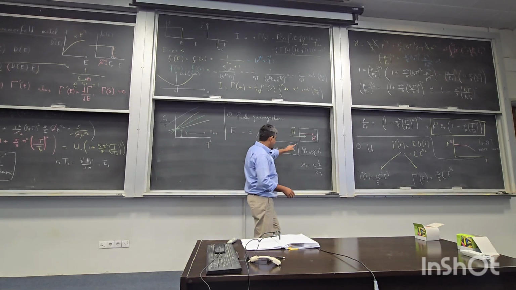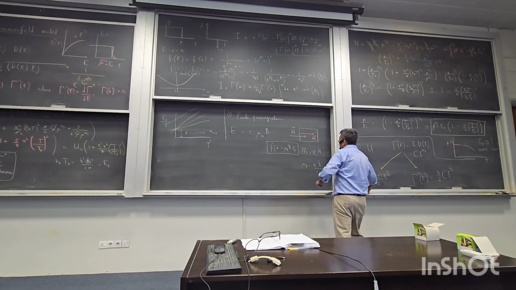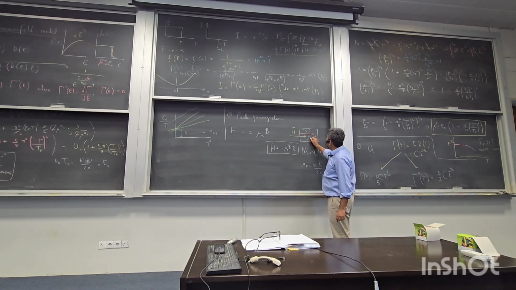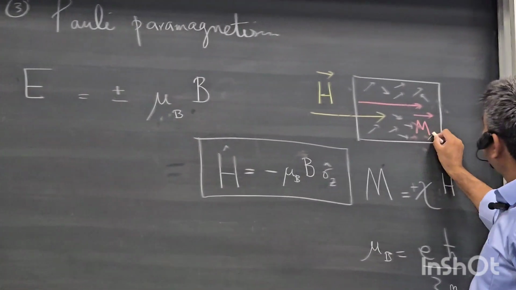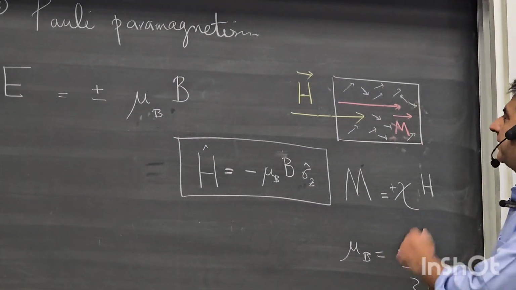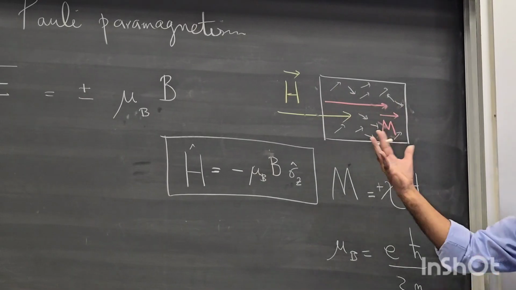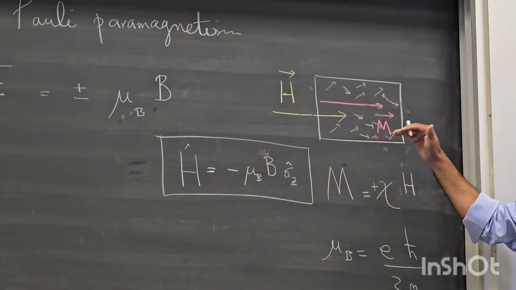So where does this magnetization come from? This magnetization in fact is coming from tiny electrons with dipole moments pointing in different directions, but the net magnetic moment is such that the vectorial sum of these magnetic moments is nudging slightly in some preferred direction.